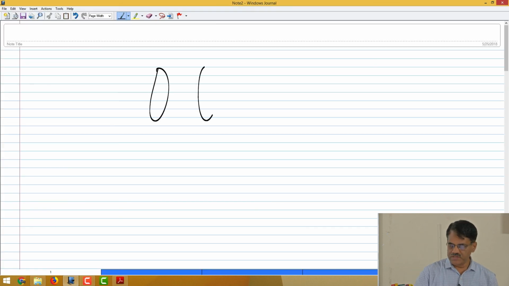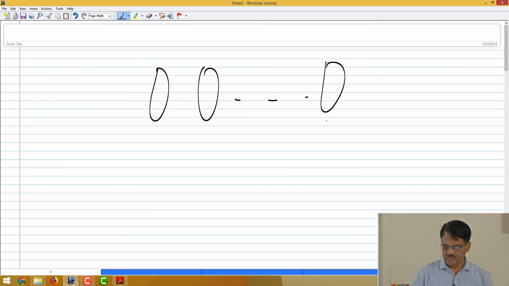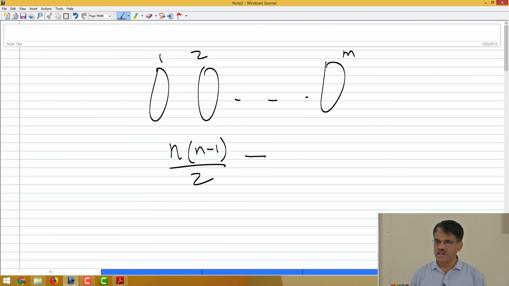So, you have m parts and no edges inside, but all edges are across. Okay. How many edges are there? Well, let us compute. Totally there are n vertices. So, that is n choose 2 edges minus edges inside, right. So, let us say all of them are equal, with n by m vertices each.